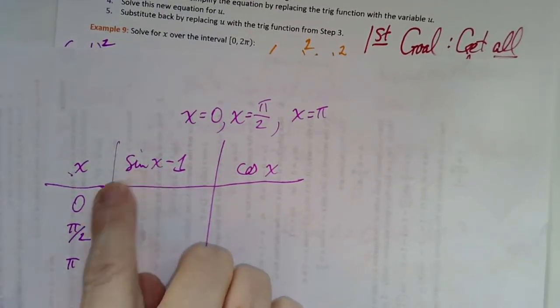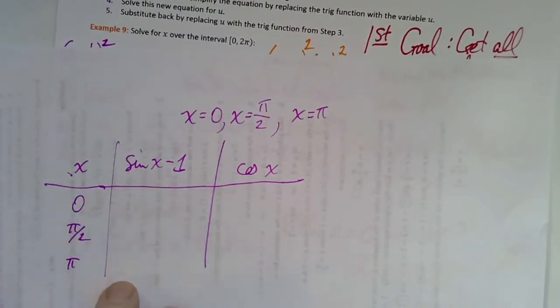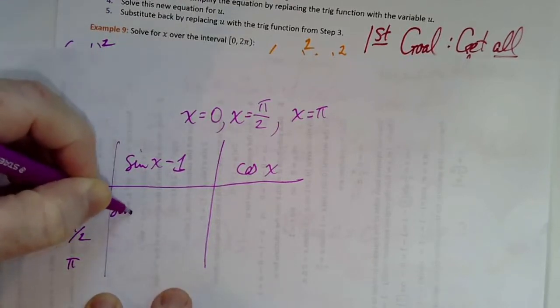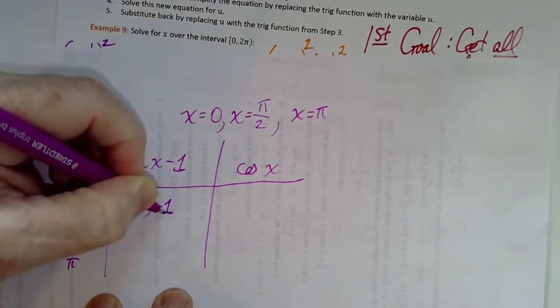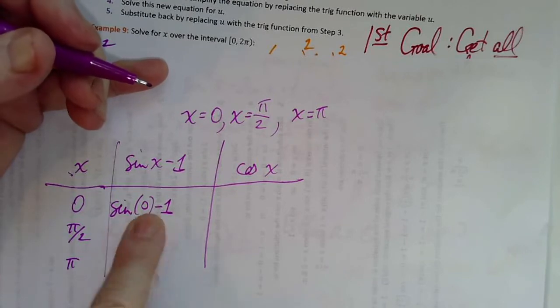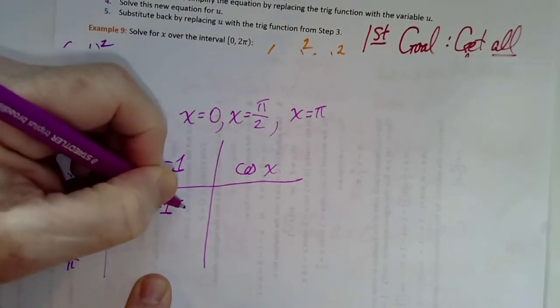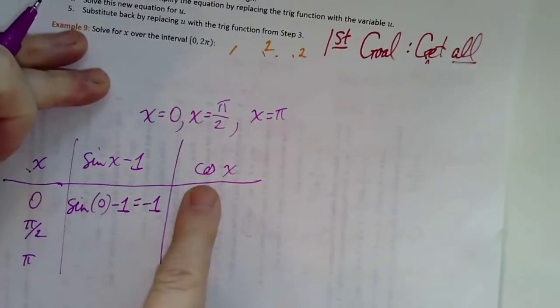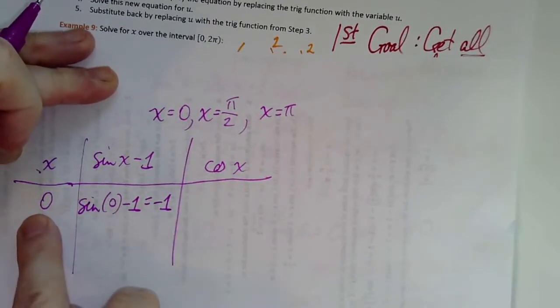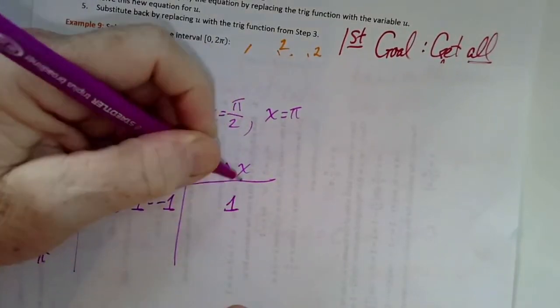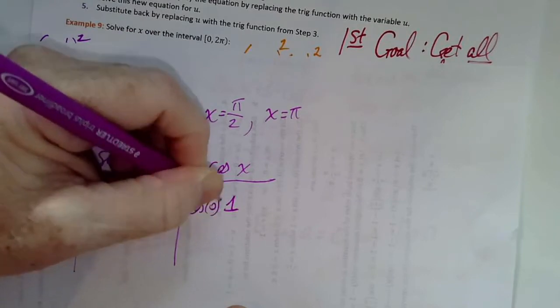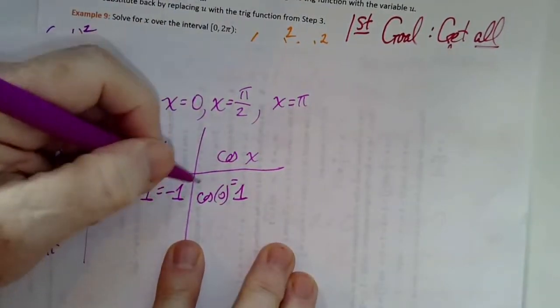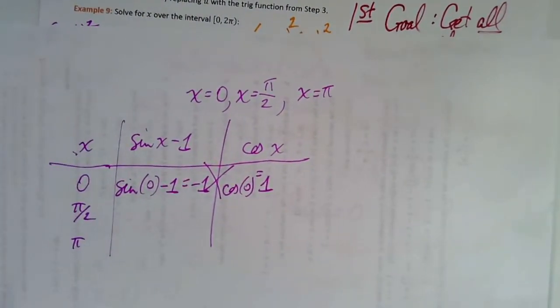So let's see, sine 0 minus 1. The sine of 0 is 0. 0 minus 1 is just negative 1. The cosine of 0 is 1. So these are not the same.